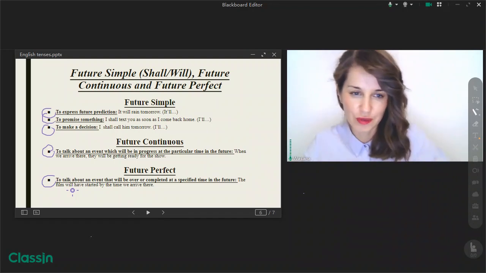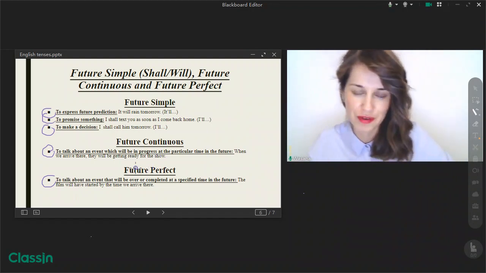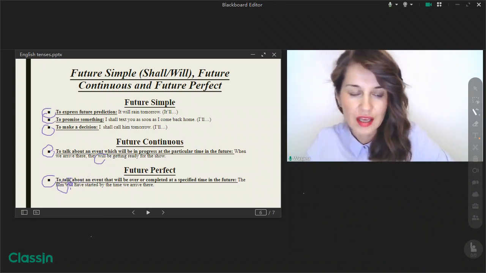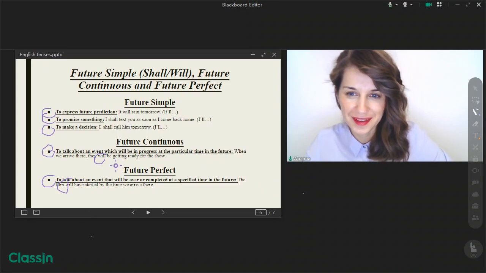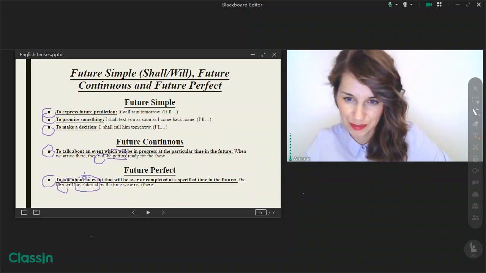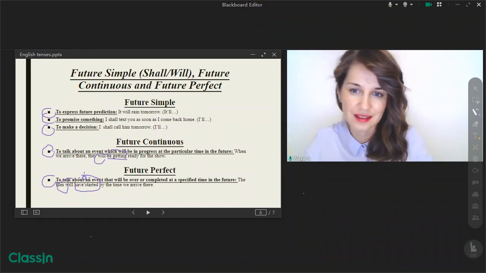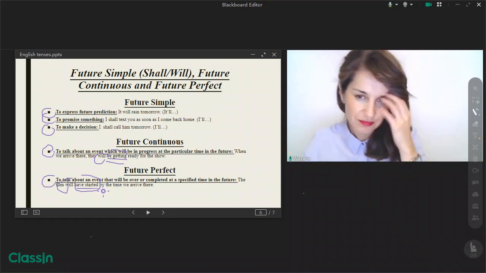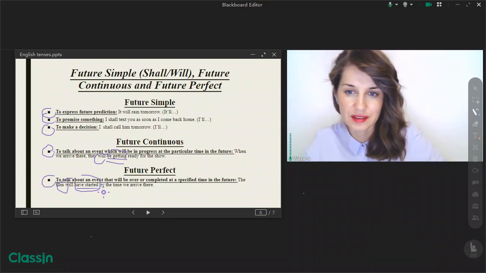One important thing: when you use future continuous and future perfect after will, of course, you use an infinitive form, and you will ask what kind of infinitive this is. This is a special kind of infinitive, and I don't want to discuss it, at least not on this occasion, maybe in the future. So be getting, have started, are still some kind of infinitives, but you can simplify this a little bit.